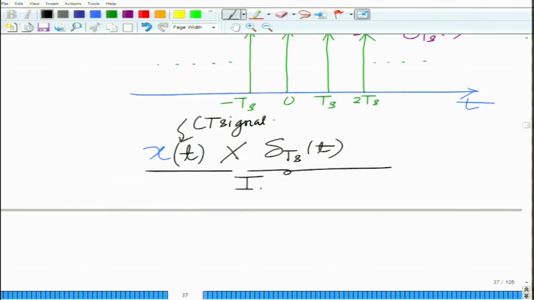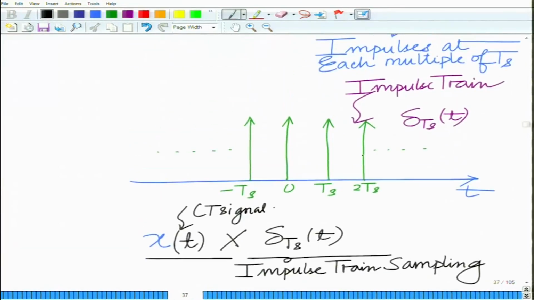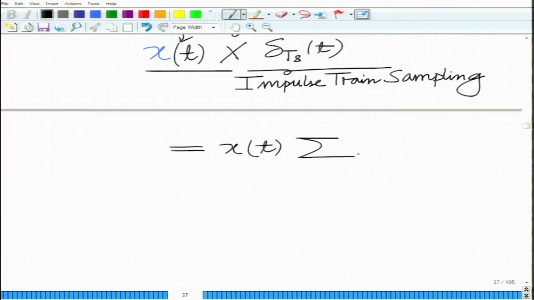This is termed as your impulse train sampling. Now, if you look at this, this is x of t times summation k equal to minus infinity to infinity delta of t minus kTs.